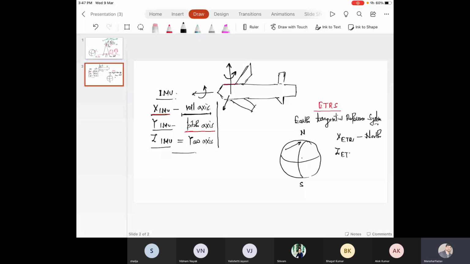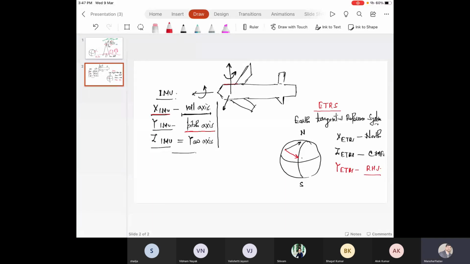Z ETRS is towards the center of mass of Earth. CME stands for center of mass of Earth. So Z axis will be towards the center of mass of Earth. And again it is a right-handed coordinate system, so Y ETRS is calculated by using the right-hand thumb rule.